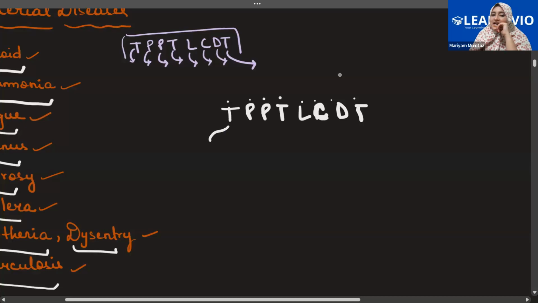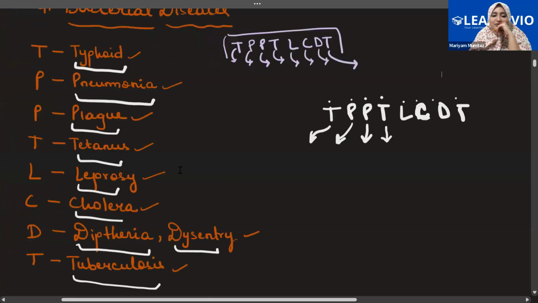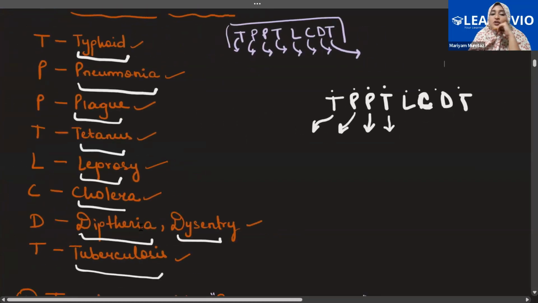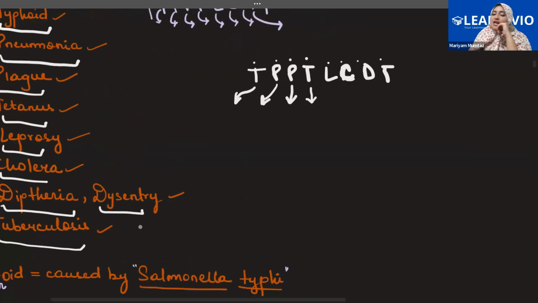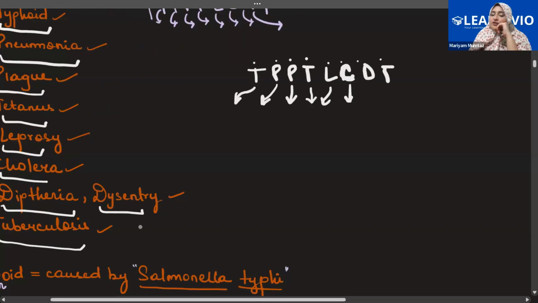So this T stands for typhoid, P is for plague, another P is for pneumonia, then T is for tetanus, and another T is for tuberculosis. L is for leprosy, C is for cholera, and D is for diphtheria and dysentery.